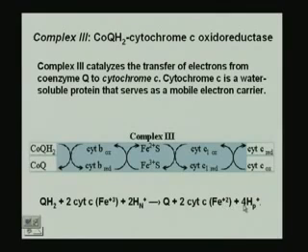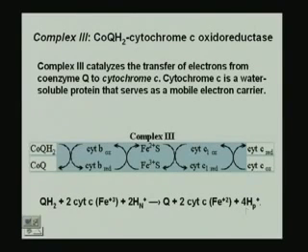And we have 4 H plus in the intermembrane space. So, what have I done? In this complex 3, I have reduced cytochrome C, I have oxidized Q, and I have transferred in effect 2 protons to the intermembrane space.